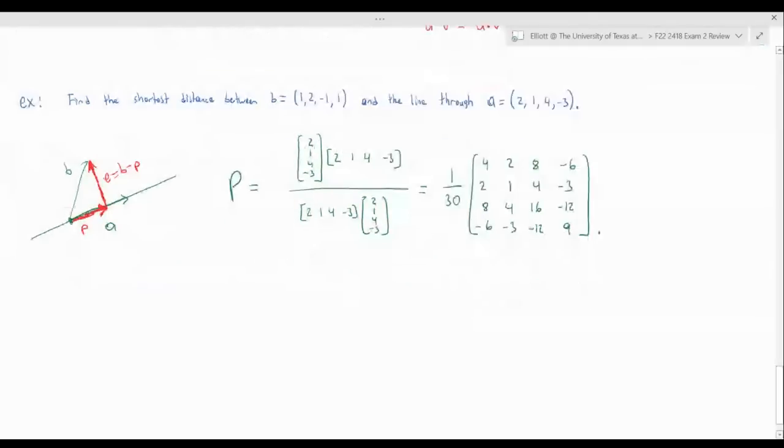So now we have the projection matrix. We will multiply that with vector B to get the projection vector. So I'm going to take the projection matrix that we just calculated.